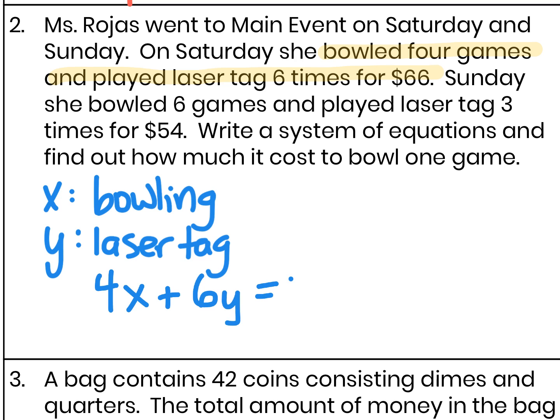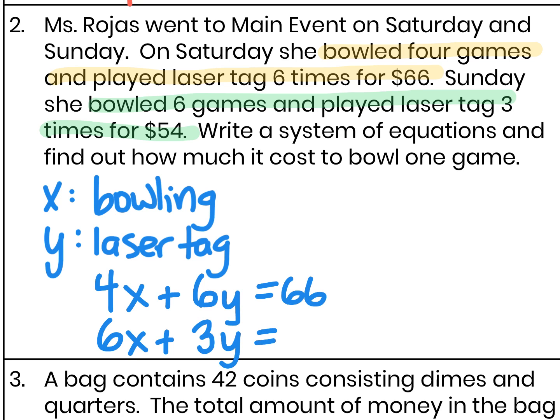And she paid $66. So that's our first equation. Our second equation, she bowled 6 games and played laser tag 3 times for $54. So 6 times for bowling, so 6X, laser tag 3 times, so 3Y, and she paid $54.